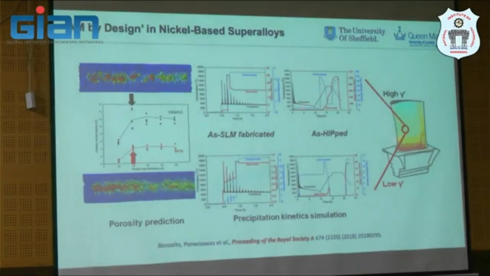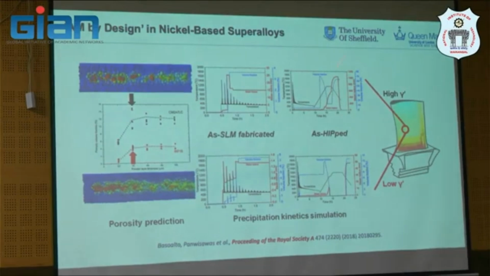This understanding can be used afterwards to fine-tune the process condition, because once you know the initial precipitation, you may be able to use some simple mean field equation to predict what happens after the thermal cycle that you use during aging and heat treatment, for example.